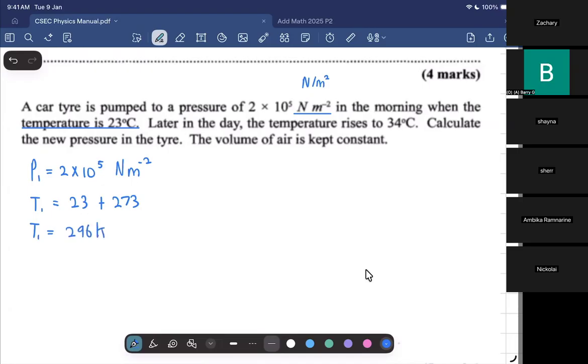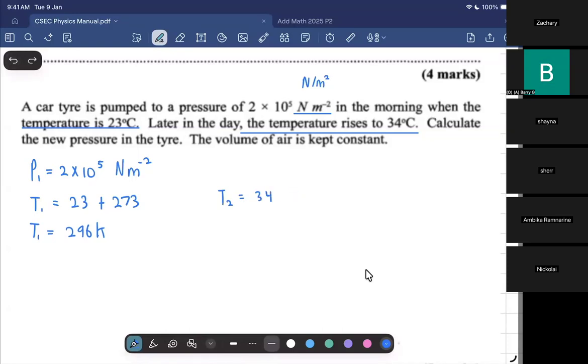Okay. And then they're saying later in the day, the temperature rises to 34 degrees Celsius. I would consider that to be my second temperature. Again, we don't work in degrees Celsius. You need to convert that to Kelvin. So that's going to be 34 plus 273.